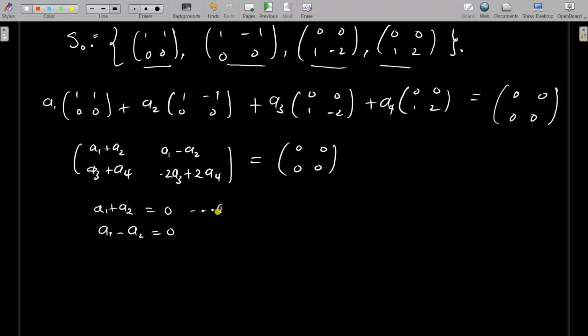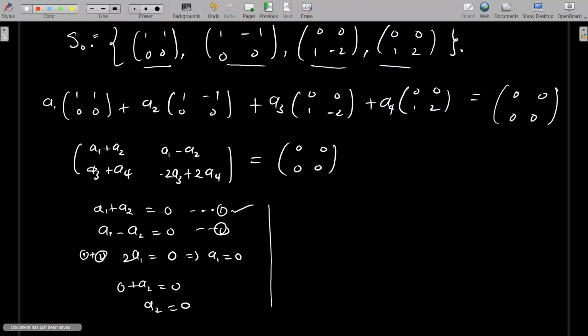When you add these two, you're going to have 2a1 equal to 0 because a2 plus negative a2 is 0, and that will mean that a1 is equal to 0. Now, to find a2, we can put a1 equal to 0 into equation 1, and then we have 0 plus a2 is 0, so a2 is also 0.